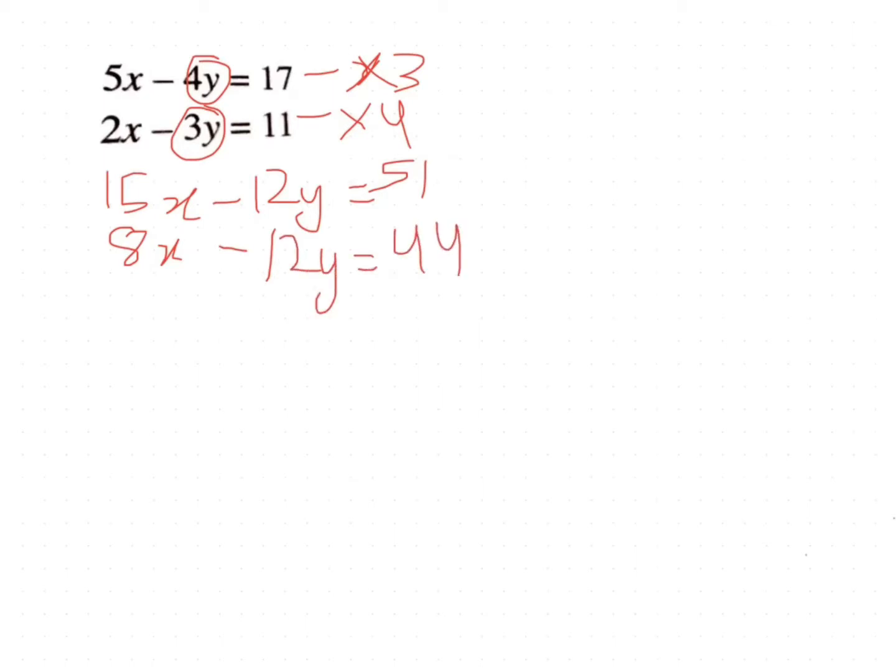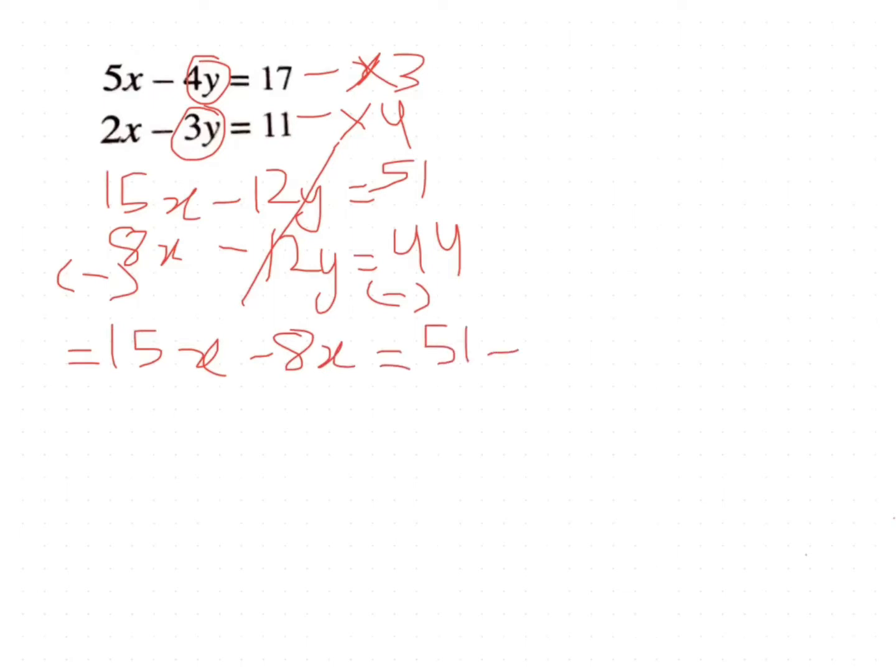Now we are going to eliminate 12y. Here the signs were the same, so we are going to change the signs of the second equation, as I taught you earlier. Here it is plus, it will become minus, and minus becomes plus. So 15x minus 8x equals 51 minus 44.